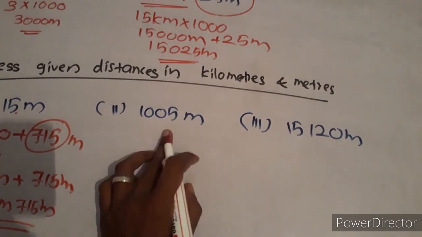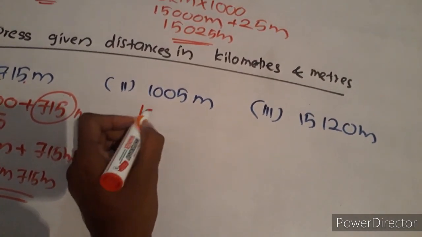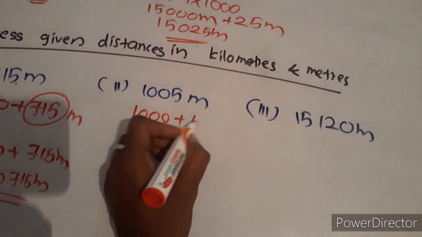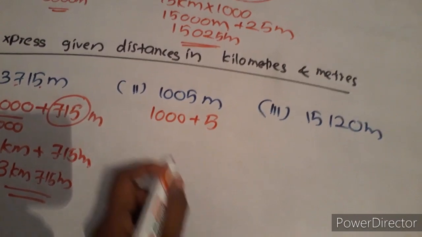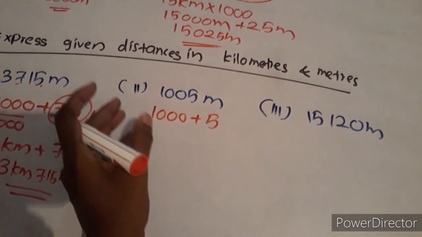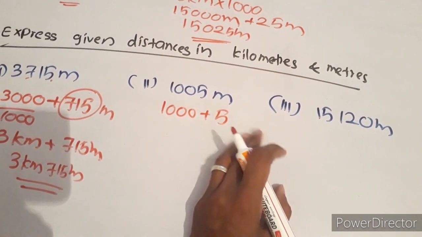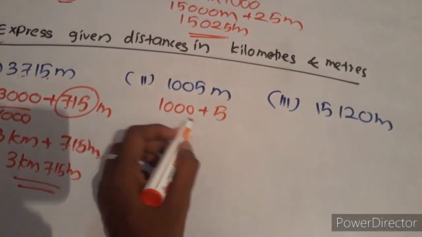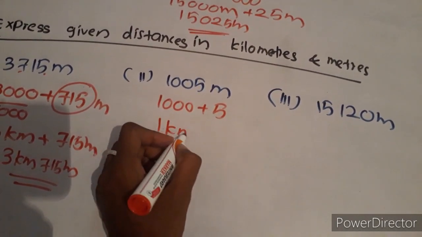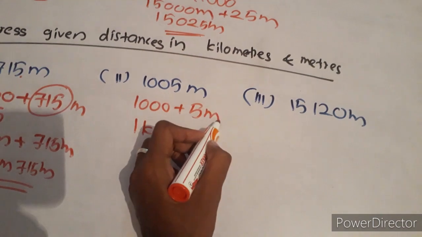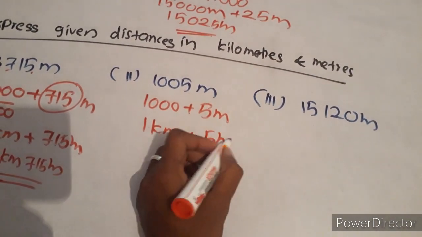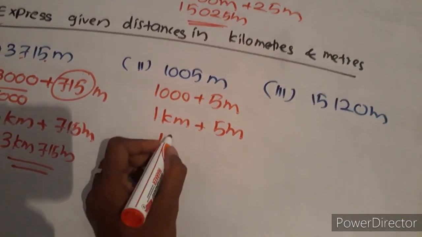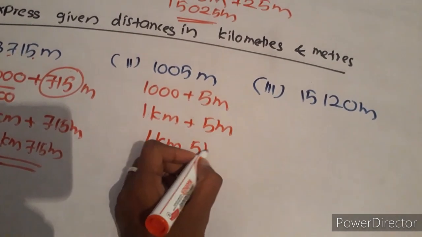This one 1005 meters. So 1000 plus 5. Okay. 1000 part we have to write separately and other part separately. 1000 means 1 kilometer. This 5 is in meters. So we can write it as meters. So the answer is 1 kilometer and 5 meters.